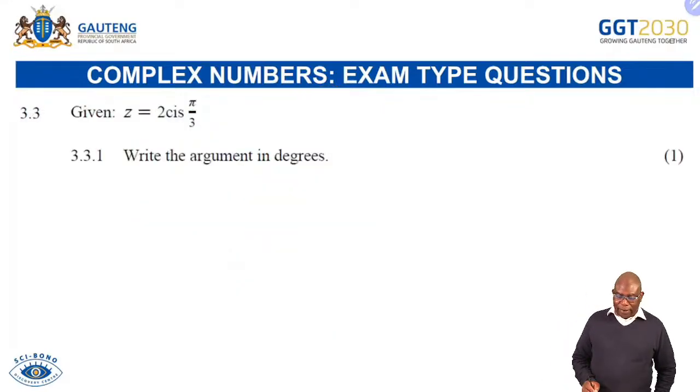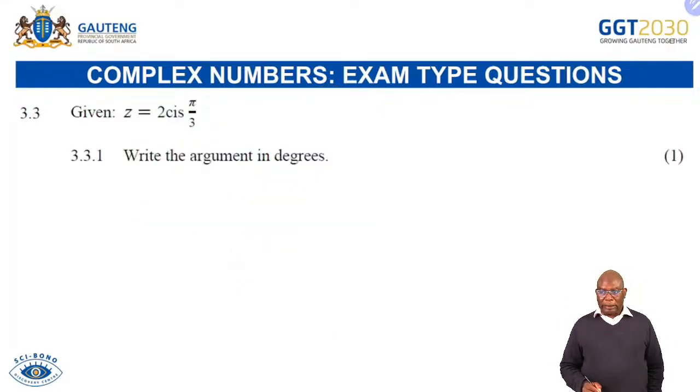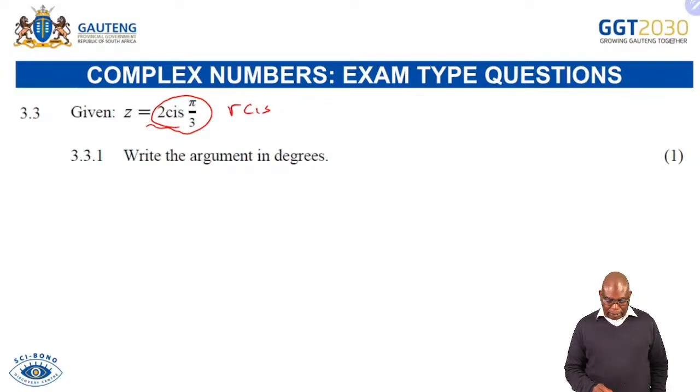Right. Now I'm given this complex number in this form. Remember, it is r cis theta. This is an angle. This is the argument.